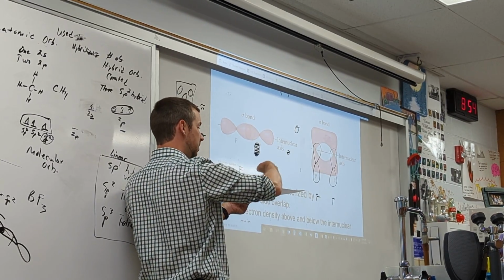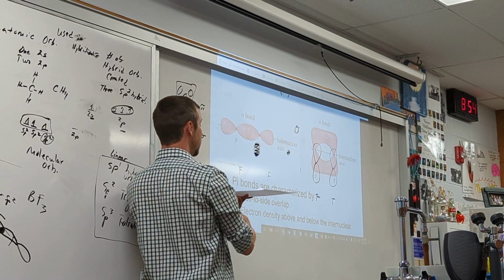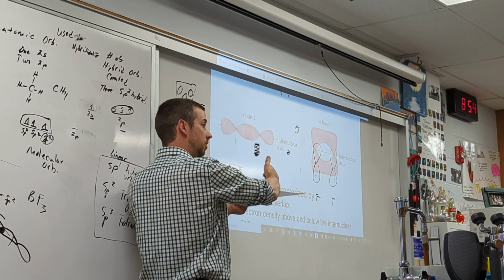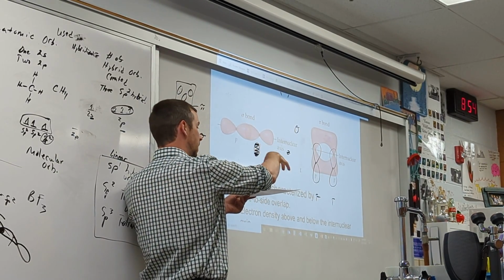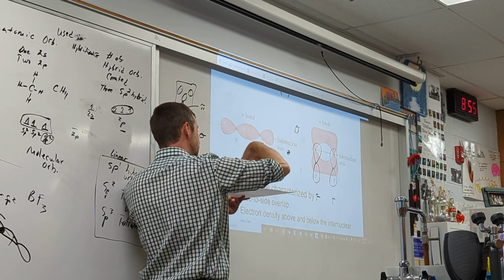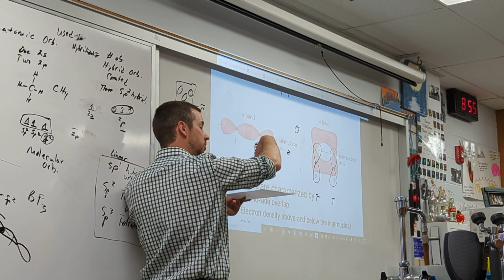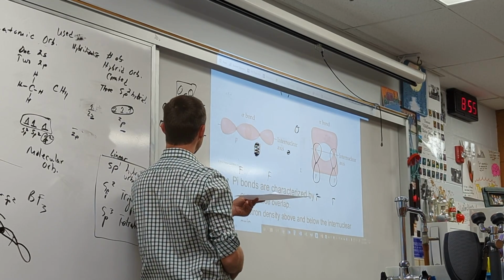Yes, then the sigma bonds are going in the plane of the paper. Where's the pi bond at? It's up here somewhere, right? So carbon is sending some electron density up, oxygen is sending some electron density up, and then those electron densities are overlapping up here, which is perpendicular to the plane of the paper, or the internuclear axis.